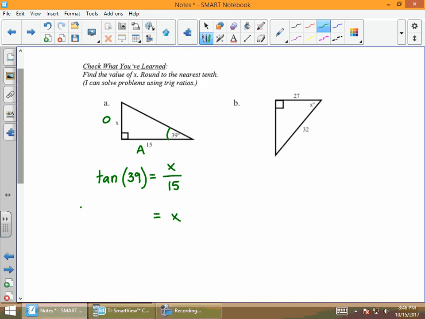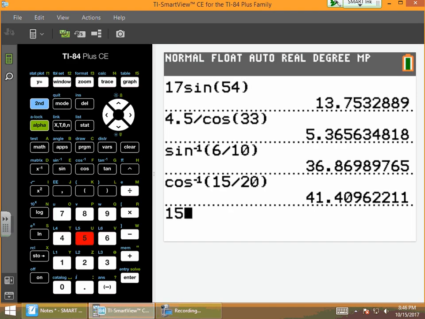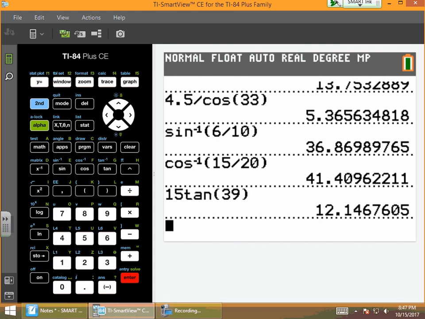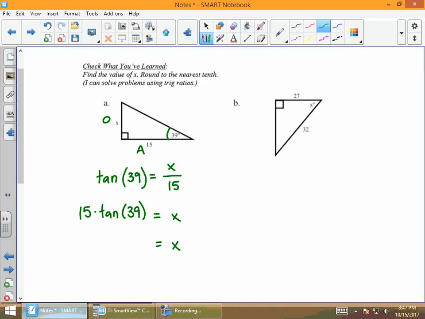So that means this side is 15 times the tangent of 39. It's 12.1. And that is an approximate, since I rounded it.